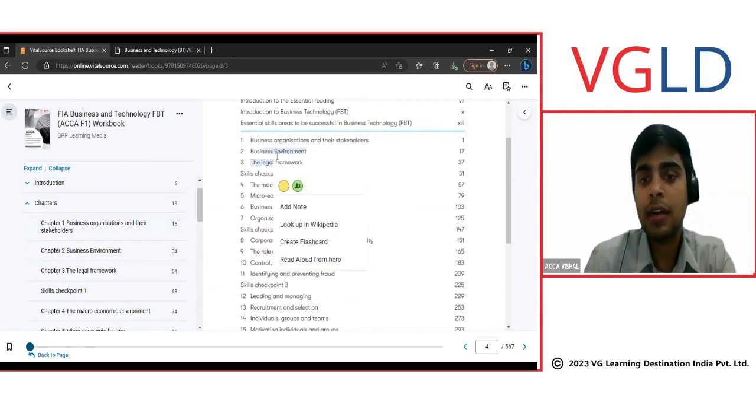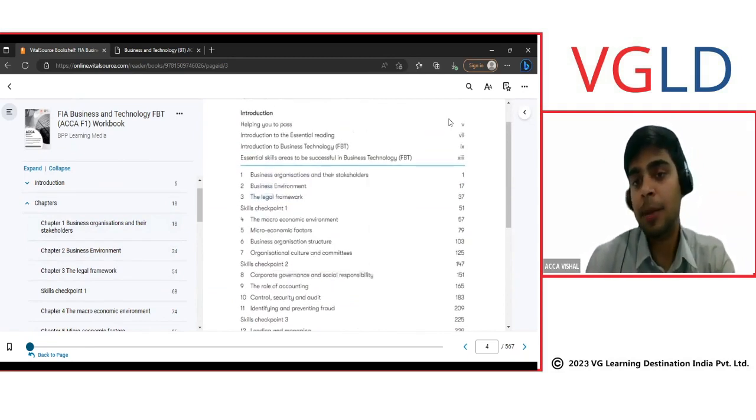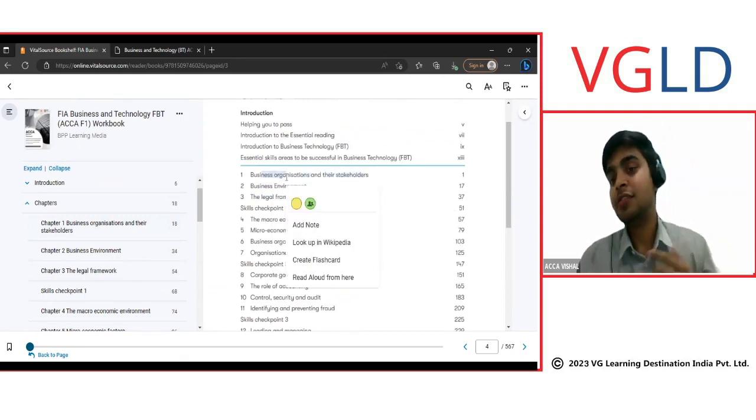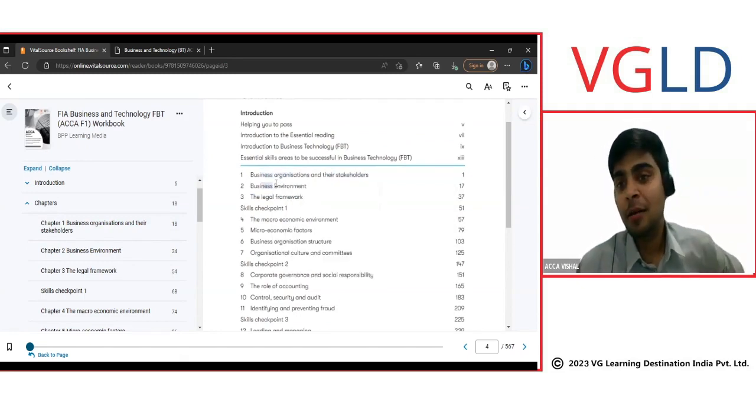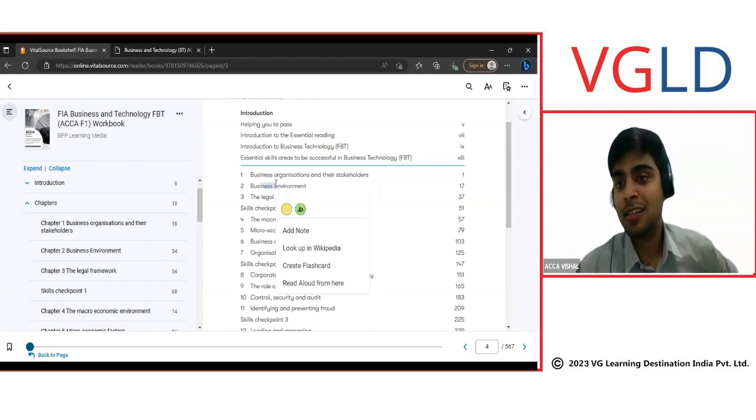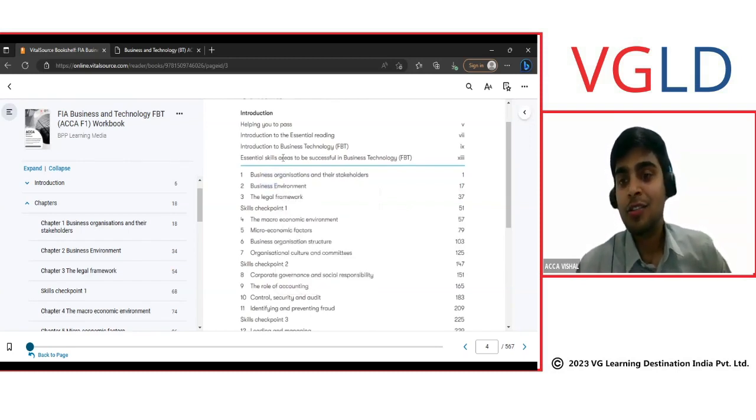These are the chapters we are going to read about: the business organization and their stakeholders. We'll be covering all this. What is business? What do you mean by organization? What do you mean by stakeholder? What is a business environment? Business operates in an environment, and when I say environment, there's going to be a lot about the political environment, legal environment, social and demographics of our country, and international trade.